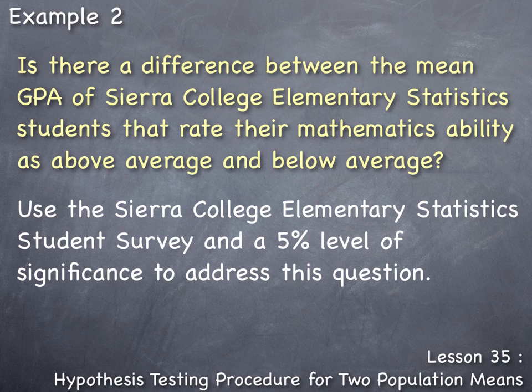So we can express this idea symbolically as mu1 not equal to mu2, indicating that there is a difference between the mean GPAs, where 1 represents the first population, or the students that rate their math ability as above average, and 2 is the second population, which are students who rate their math ability as below average.